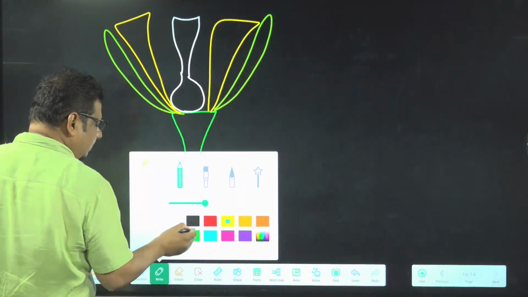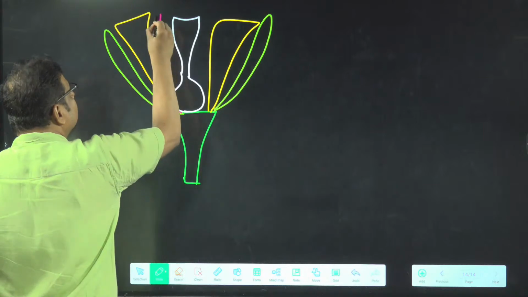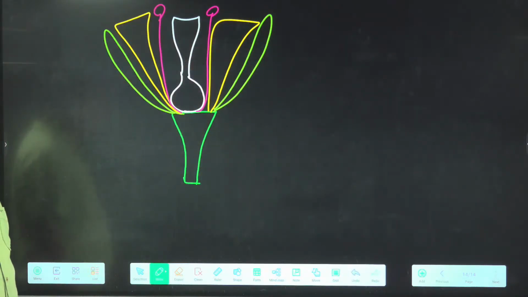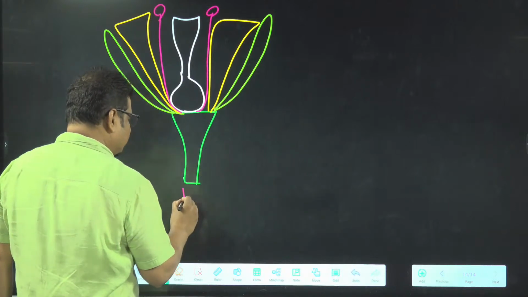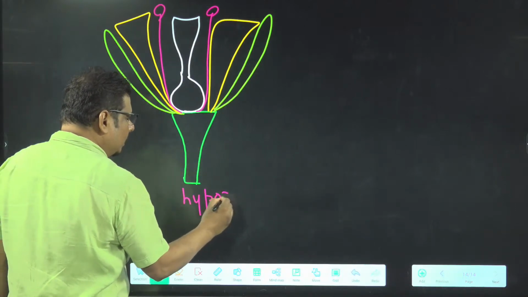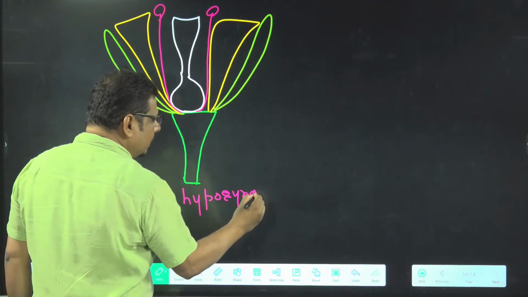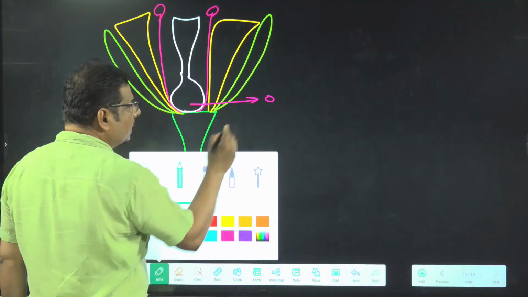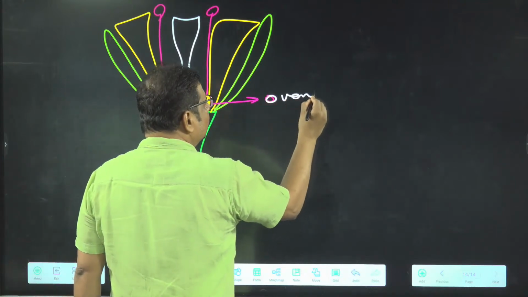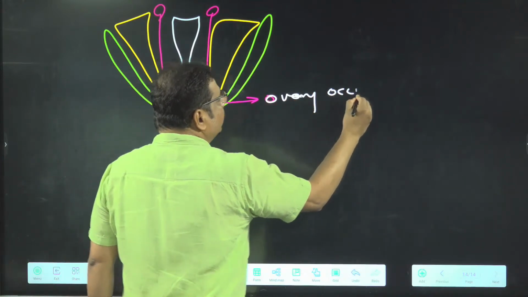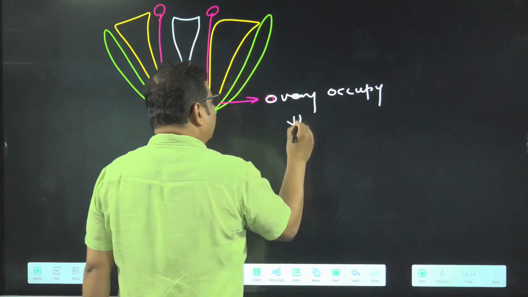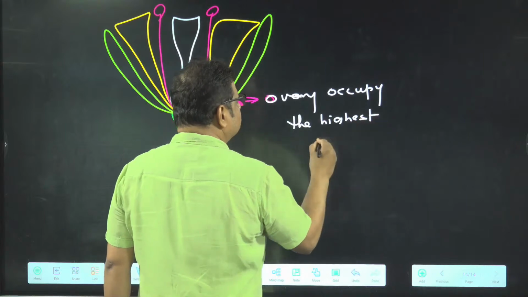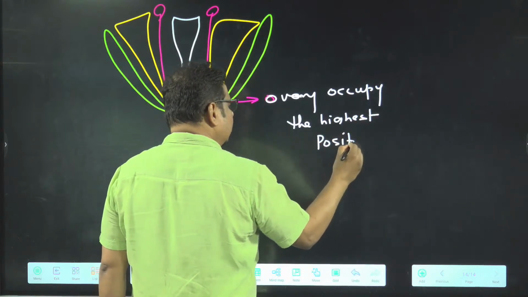Then here it is the stamen. Now tell me the ovary. It is hypogynous. Why hypogynous? The ovary occupies the highest position on the thalamus.